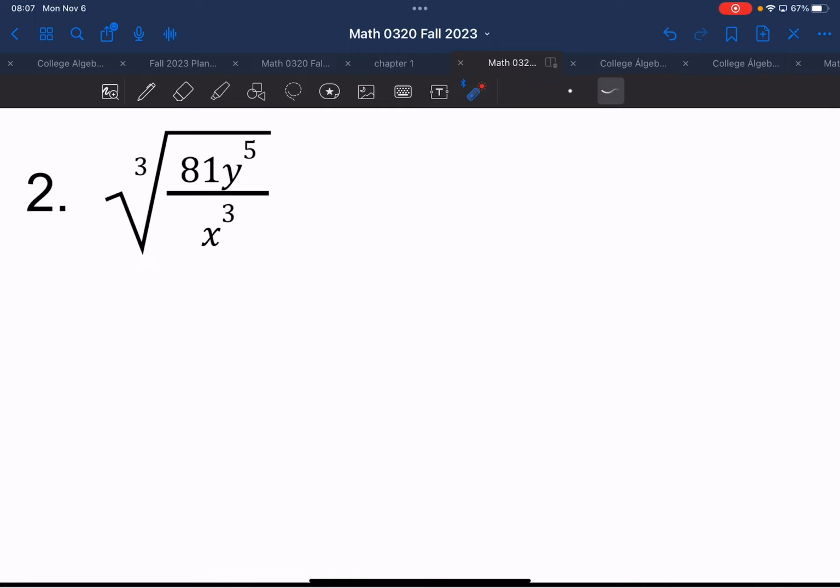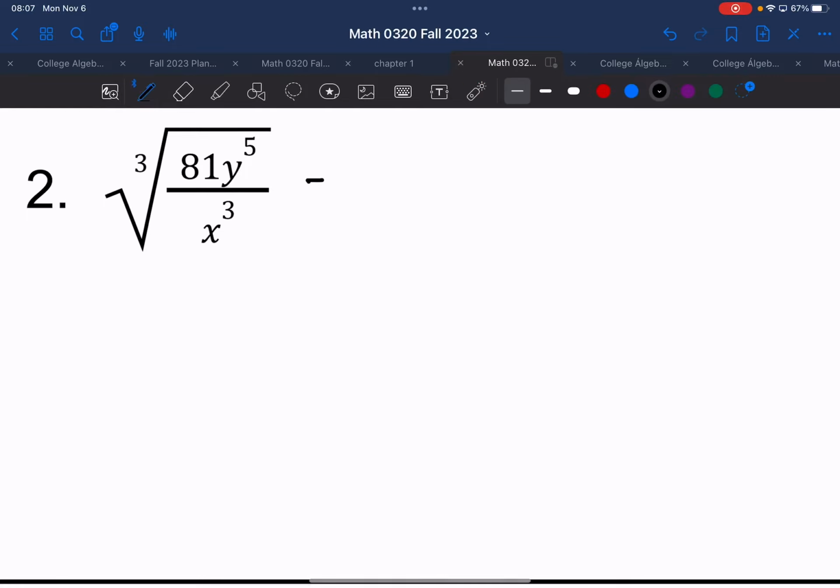Number 2, we have the cube root. That cube root can be separated into how many radicals? Because how many terms are under that cube root? 3. So we could give that cube root to the 81. We can give the cube root to the y to the 5th.